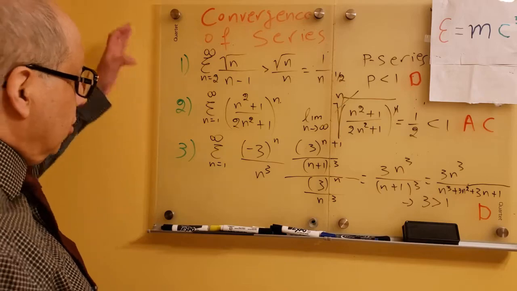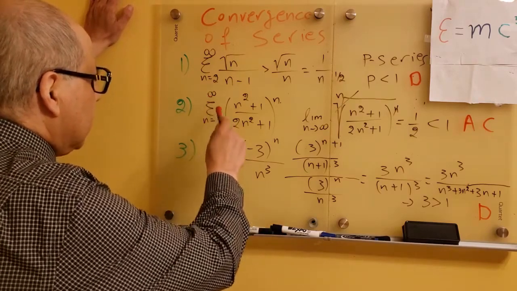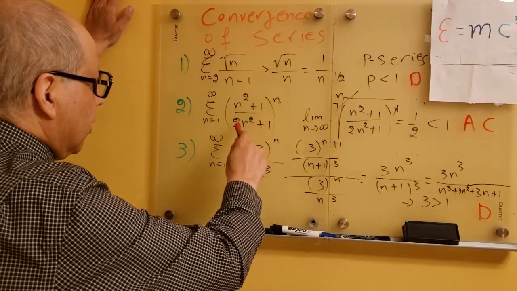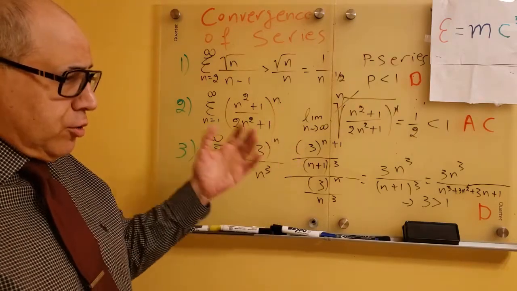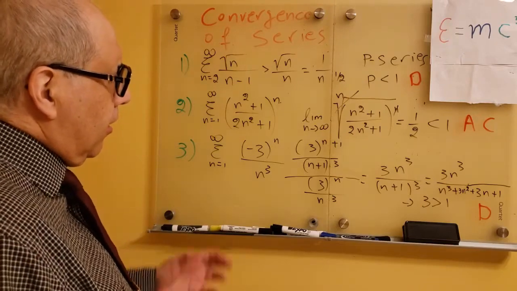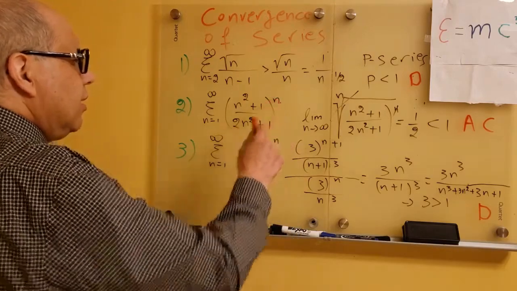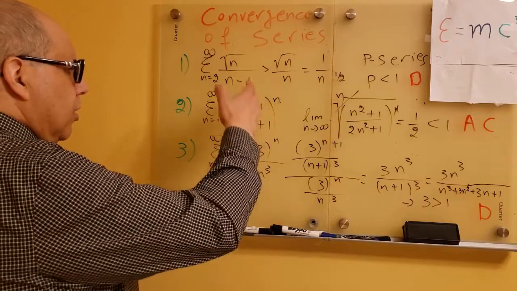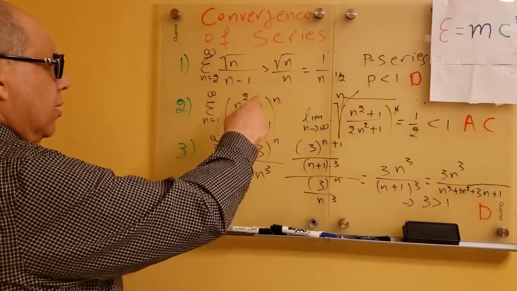Now, example number 2 is to find if the series from n equals 1 to infinity of the bracket n squared plus 1 over 2n squared plus 1, all to the n, converges or diverges. Since we have this n, first of all, this is a non-alternating series.